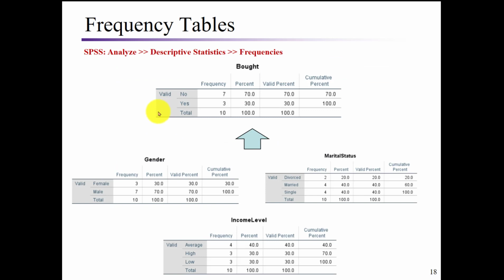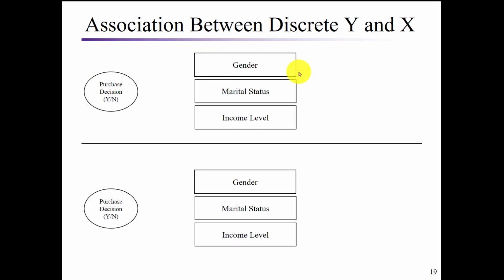First, because all the variables are discrete, more specifically categorical variables, we can make frequency tables like these. So I'm going to show you how to do this. Next, we can examine the associations between discrete x and discrete y.